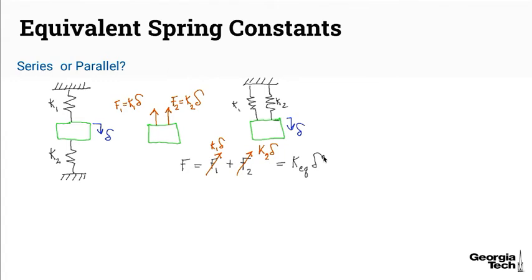And so then I can cancel out my deltas, delta here, delta here, delta here, and we find that K equivalent equals K1 plus K2, and so the springs are in parallel, and that's our answer. So you always have to look at it more carefully than just viewing it and saying, oh, that's in series. This is an interesting case where it's actually in parallel.